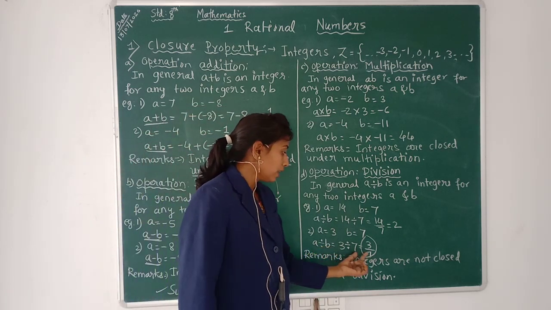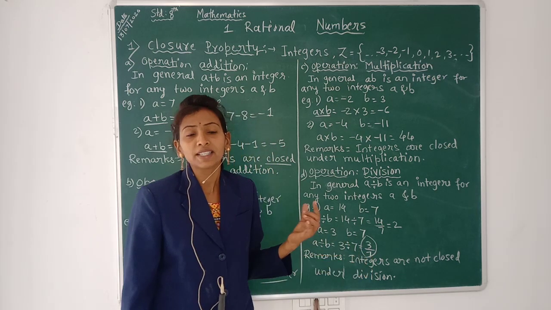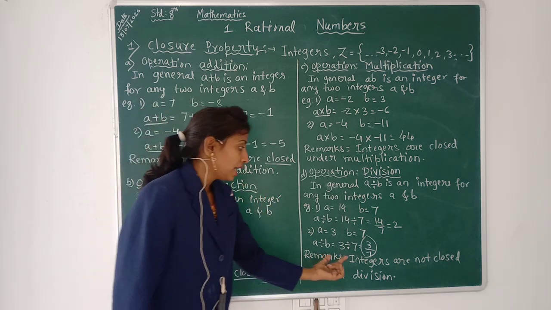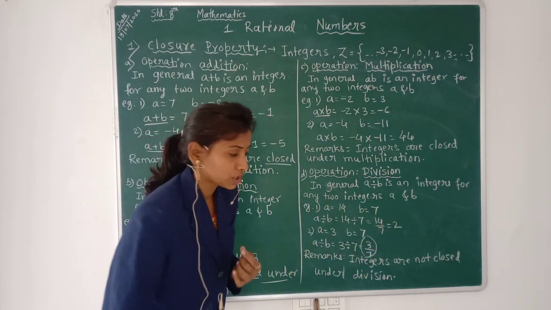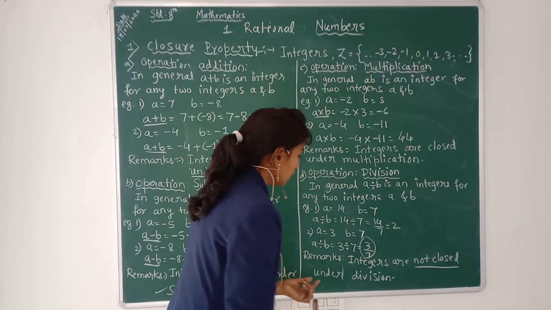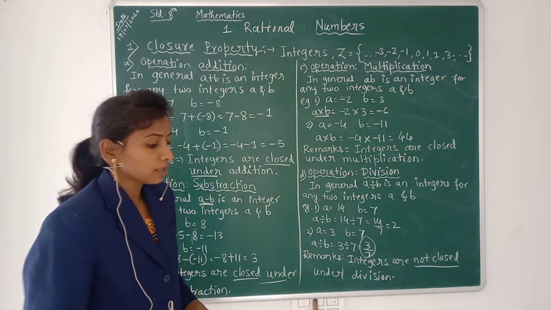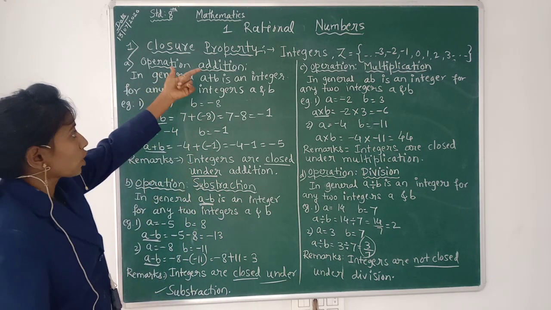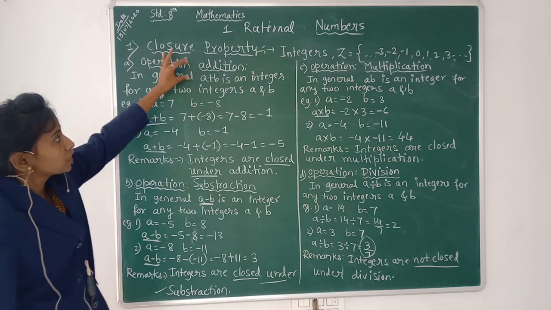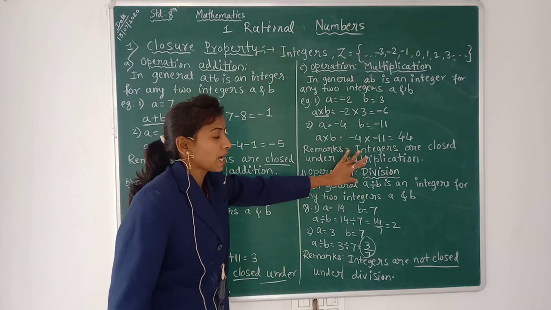In the last example you get a rational number, which is not included in the set of integers. So we conclude integers are not closed under division. This is very important. Like this, we checked the closure property for all the operations on integers: addition, subtraction, multiplication and division.